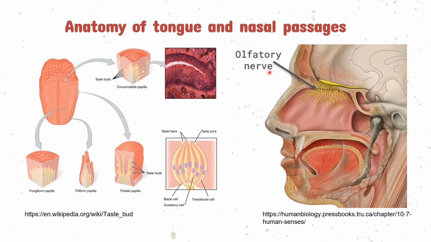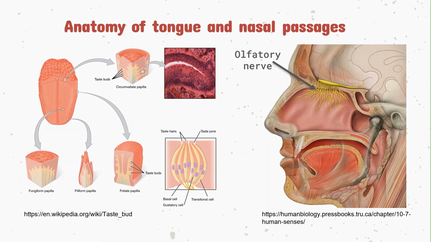That is called the olfactory nerve. The olfactory nerve has cells that perceive the smells, also the smell of our food. Then this nerve sends the signals to the brain, and we can perceive different smells in the air.